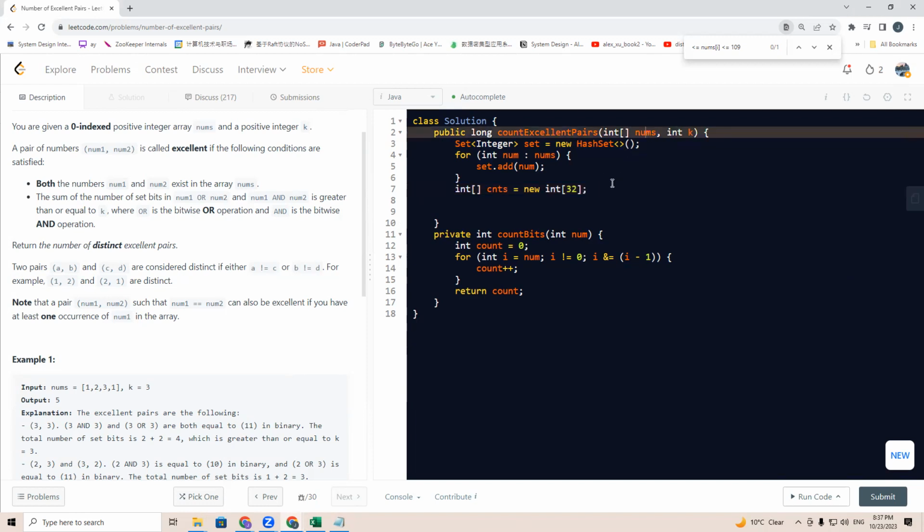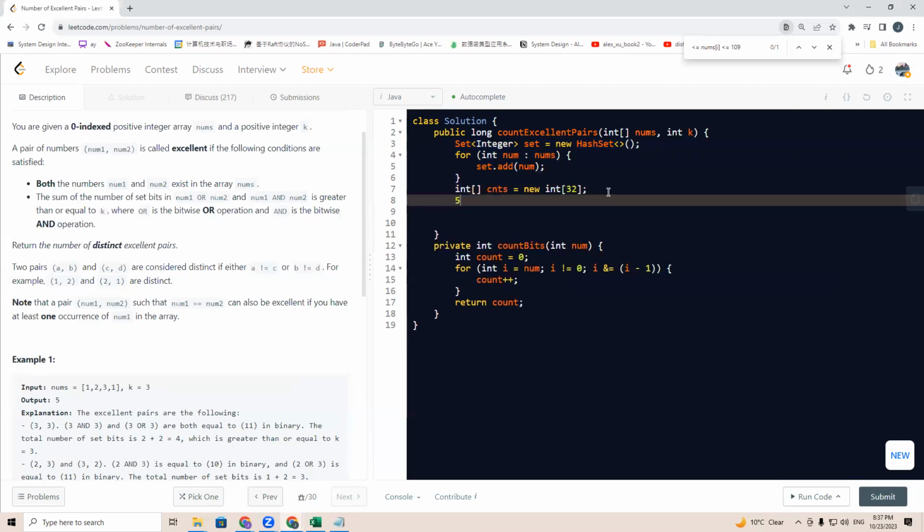For every number, we count how many bits it has. For example, 5 is 101, so the bit count is 2, and we have counts[2] plus plus. So we use buckets to store, for each bit count, how many numbers have it.